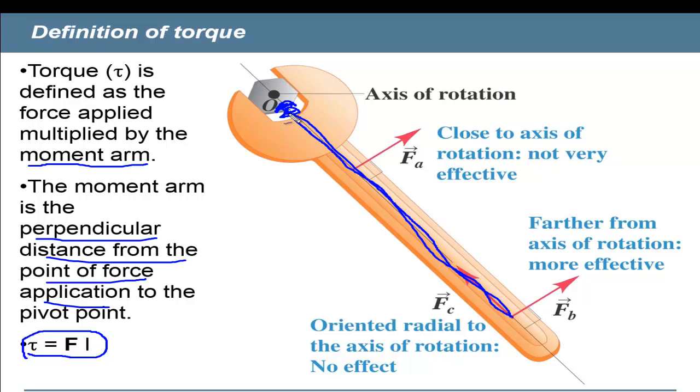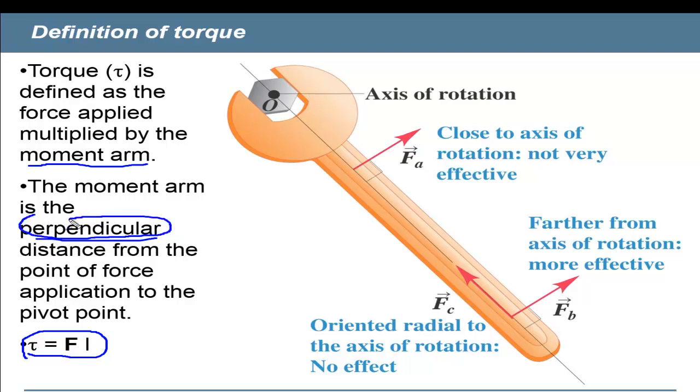It would only cause the wrench to slide more towards the nut here, or it would push on the nut that way, but it wouldn't cause any rotation whatsoever. So that's why we say the moment arm is this perpendicular distance from the point of force application. Or we can also say that it has to be the perpendicular component of the force.